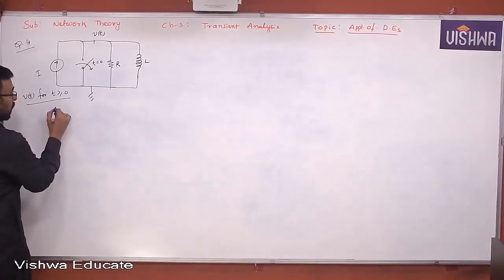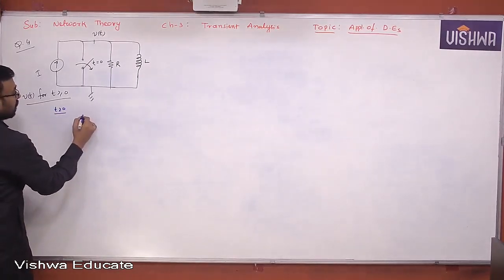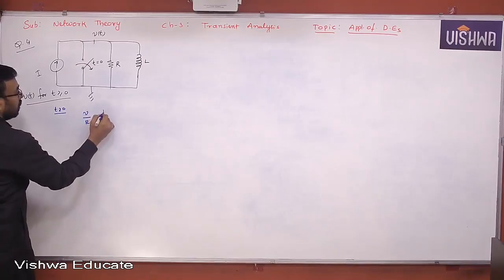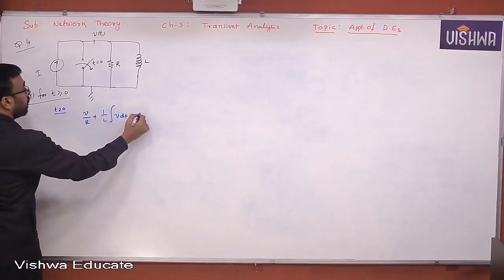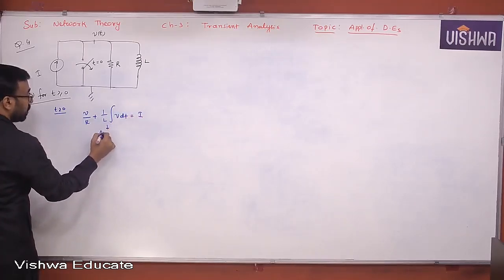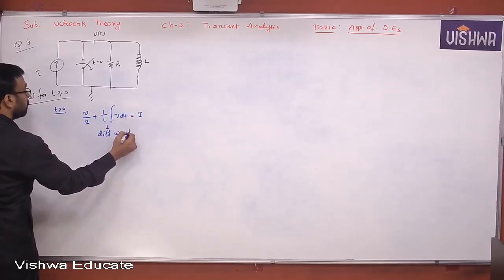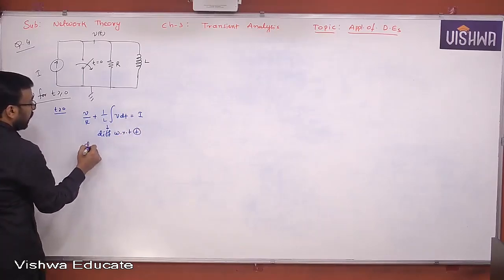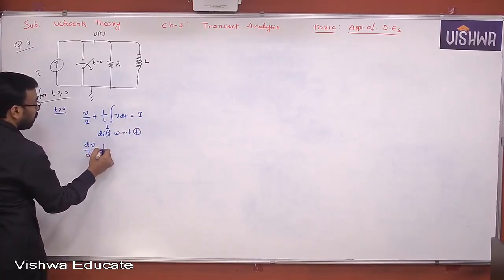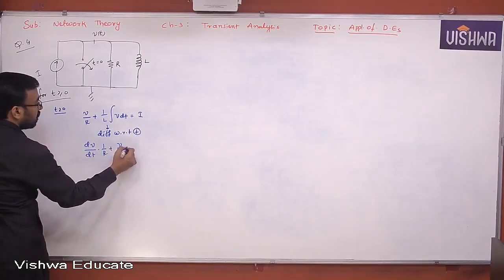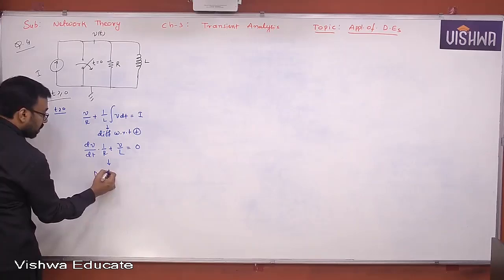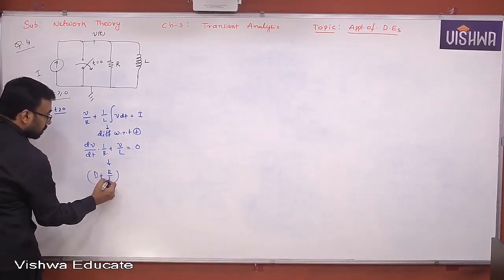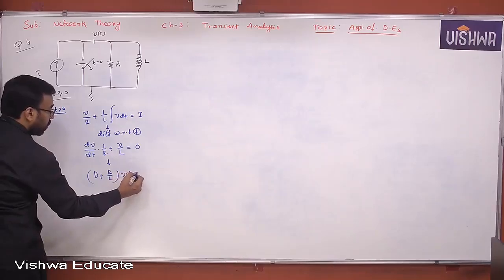Step 1, for t greater than 0: V by R plus 1 by L integral V dt is equal to I. Differentiating with respect to t, you get (1 by R) dV by dt plus V by L is equal to 0. From this, we can say (d plus R by L) V of t is equal to 0.